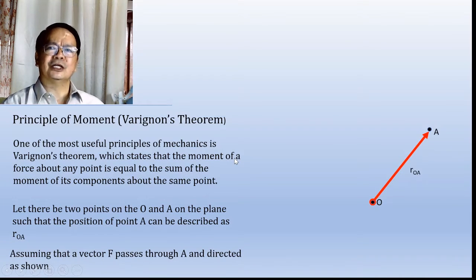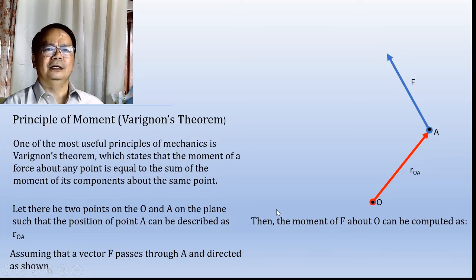And let us assume that at point A, there is a force F that is directed as shown in this direction. As such, makukuha natin yung moment ng F about O using the vectorial notation formula. That moment is equal to the cross product between R_OA and F.